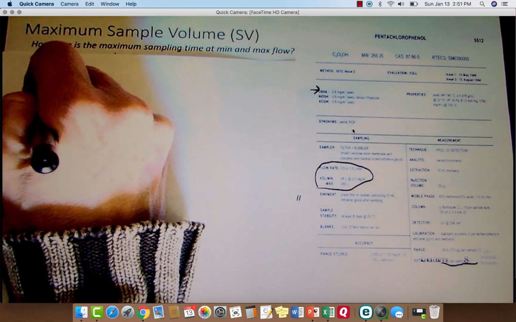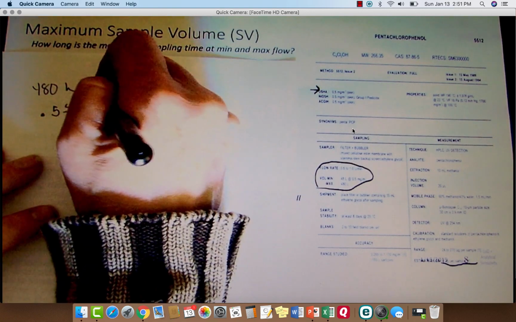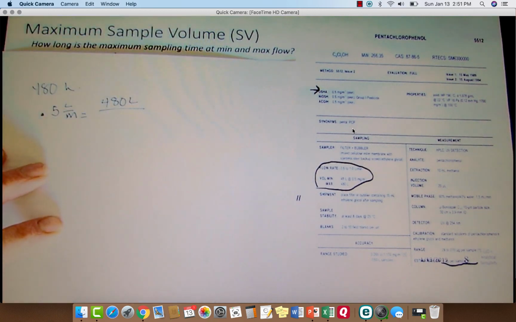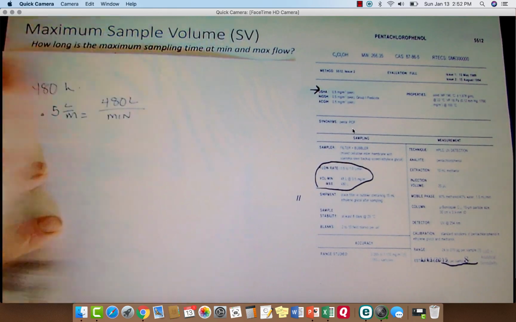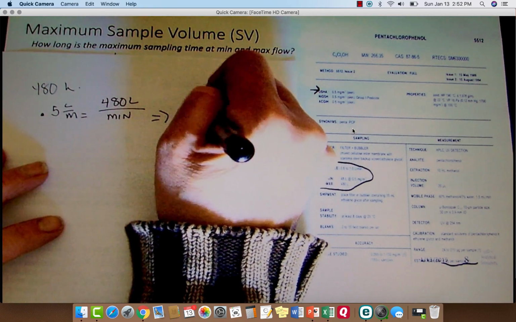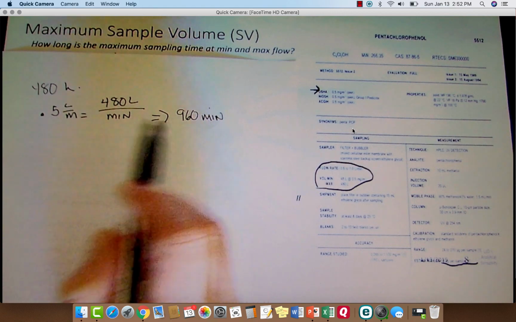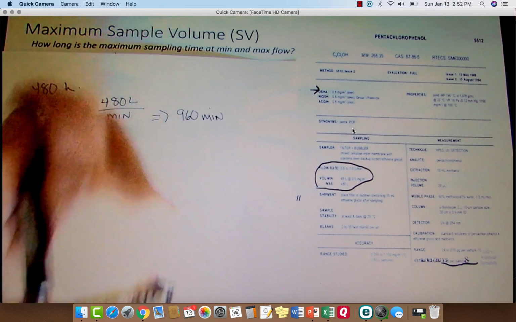So if I set my pump at 0.5 liters per minute and the maximum amount of air that I'm allowed to pull is 480 liters, and I do some math to isolate the variable of minutes, it means that running for 960 minutes would give me 480 liters. So I'll never pull too much air using this method.